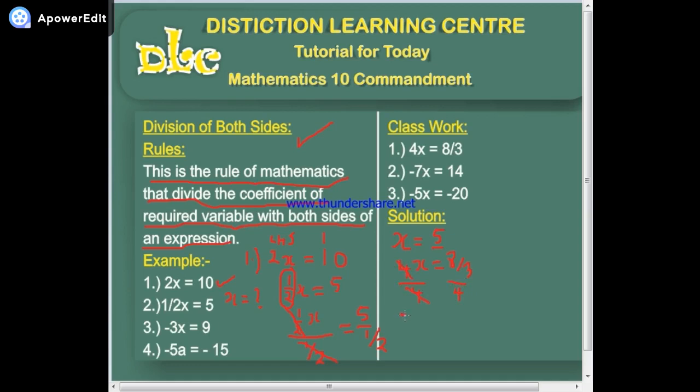So what will now remain? X equal to 8 divided by 3, and change this over to what? To divide. Change it to divide 4. Now give that 4 also turn it to a fraction, that is 4 over 1.